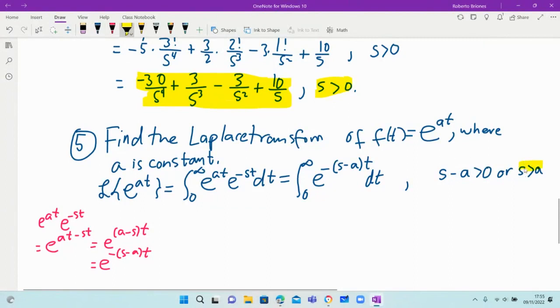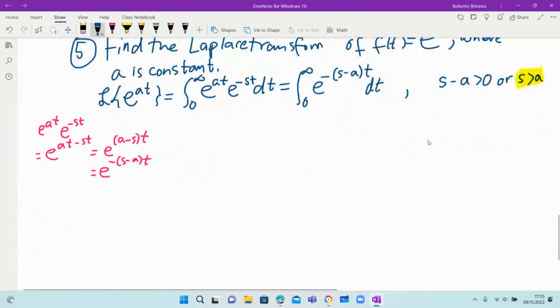So we want to make sure that the integral will actually have a finite answer by letting s be greater than a. Otherwise, if s is less than or equal to a, then the integral will not have a finite value and it will be undefined. Okay. So that said, we can now focus on evaluating the integral.